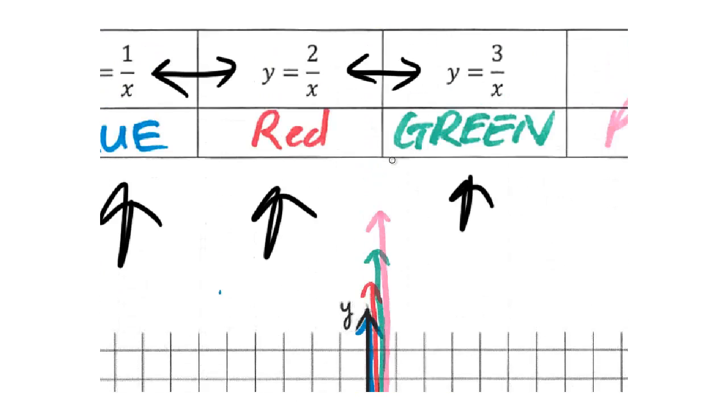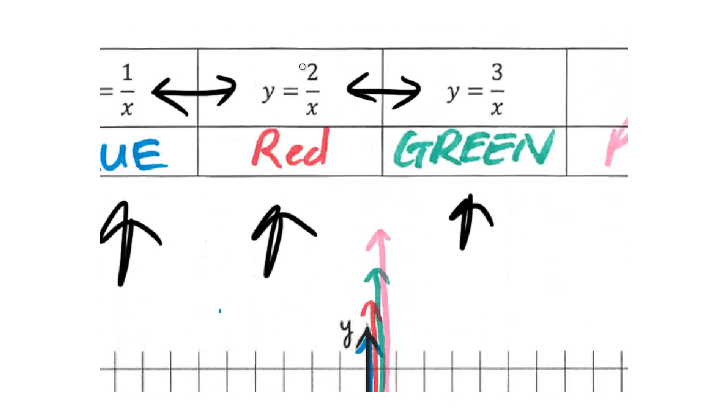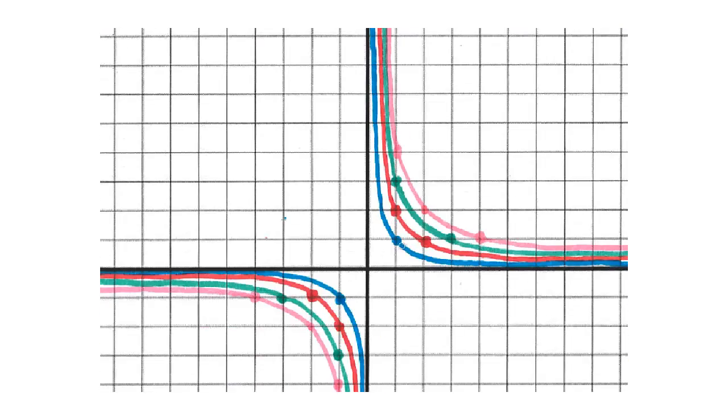For the red graph, where it was 2 over x, our graph was 2 spaces away. You'll notice it was still 1 up, still 1 in, so it's still on the inside of that quadrant, but it was just 2 spaces away on that particular intersection.